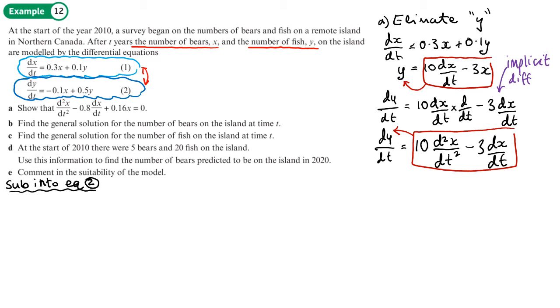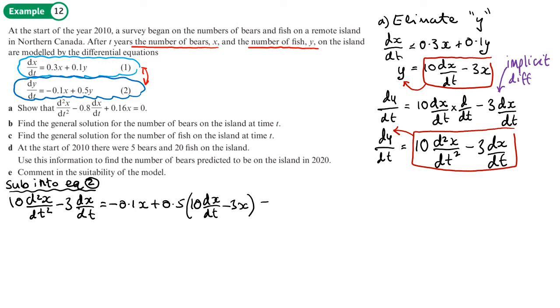So dy/dt, which is 10 d squared x over dt squared minus 3 dx/dt. That's dy/dt equals negative 0.1x plus 0.5y, and y is 10 dx/dt minus 3x. That can be tidied up.